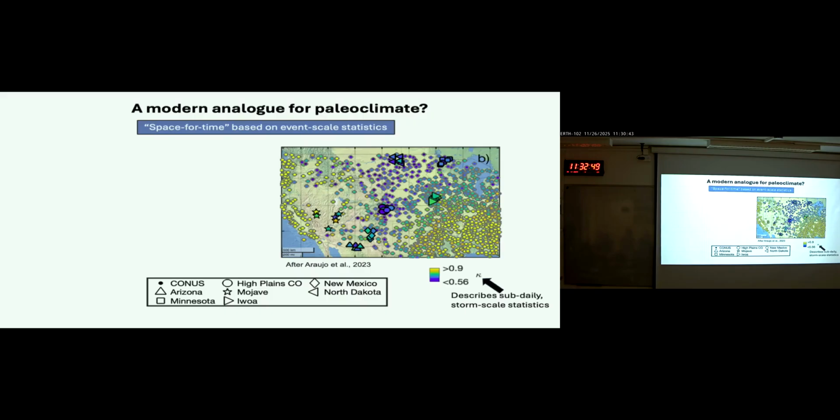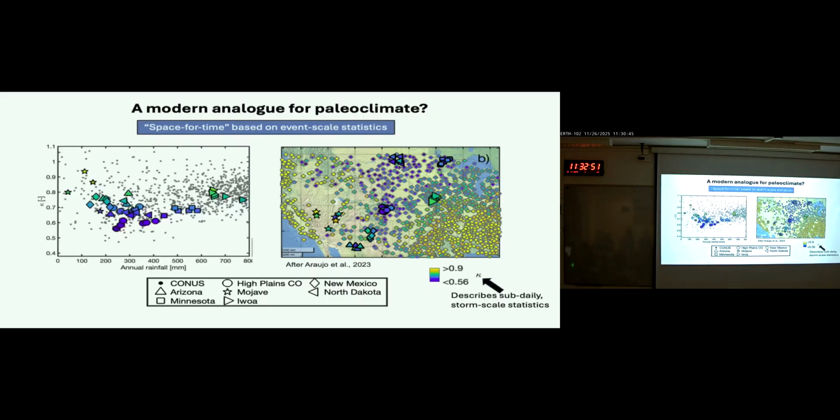I collapse this map view into a 2D parameter space, describing this kappa and the annual rainfall, and now I can plot specific trajectories. For example, this trajectory that people assume, that the high plains oscillate between climate that is more similar to southern Canada today.